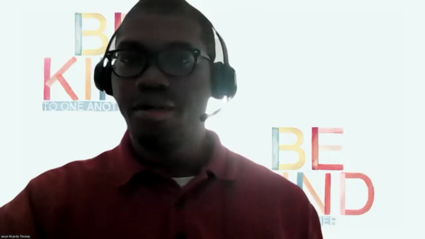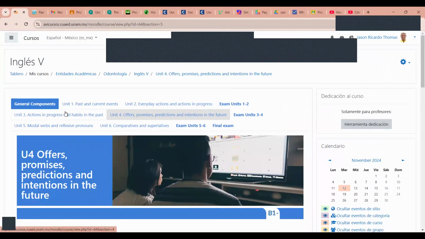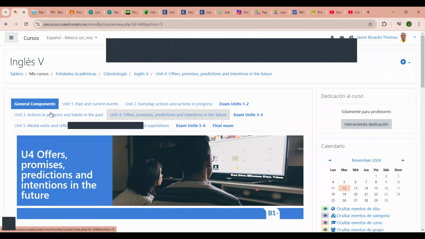Today, what we're going to try to do is cover as much as possible from Unit 3. Now, Unit 3 focuses on actions in progress and habits from the past.